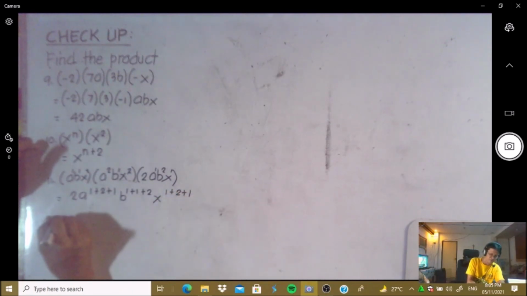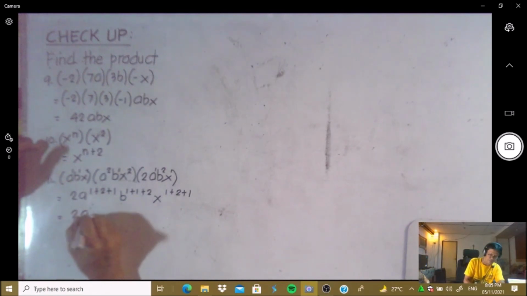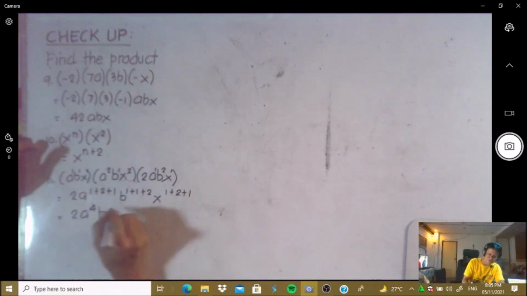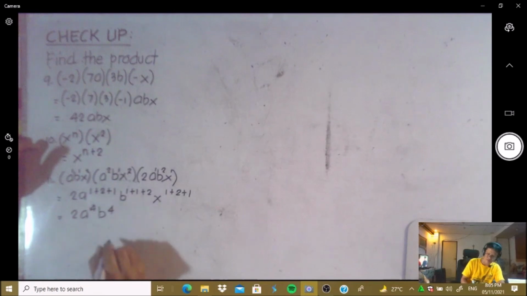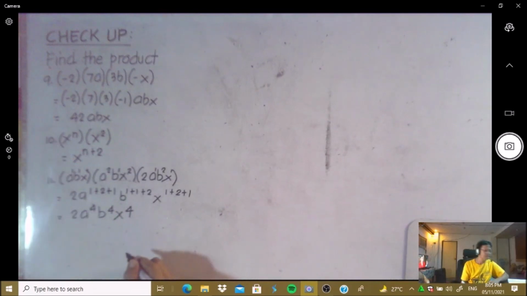Okay, therefore we have 2. For a, we have 1 plus 2 plus 1 is equal to 4. For b, 1 plus 1 plus 2 is equal to 4 also. And for x, we have 4 also. And therefore, this is our answer.